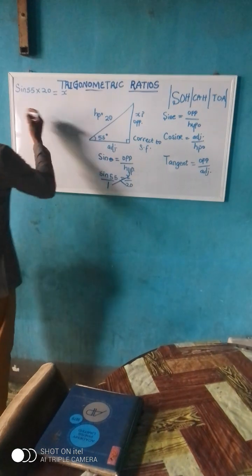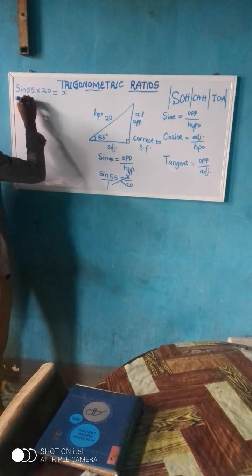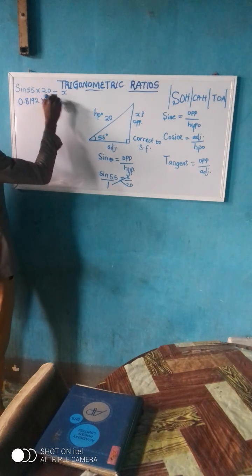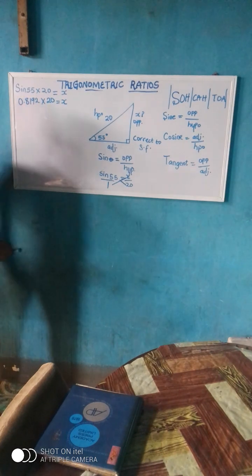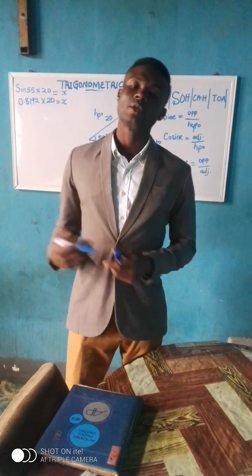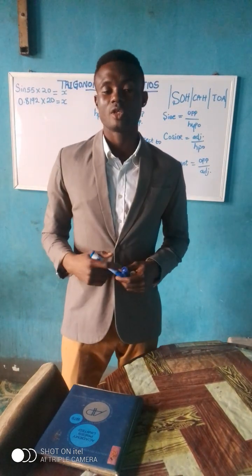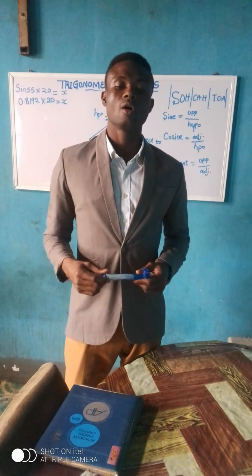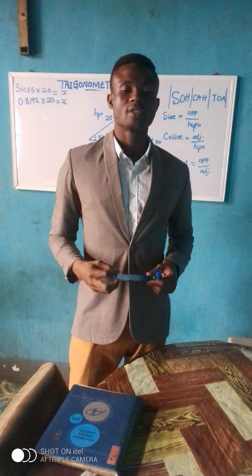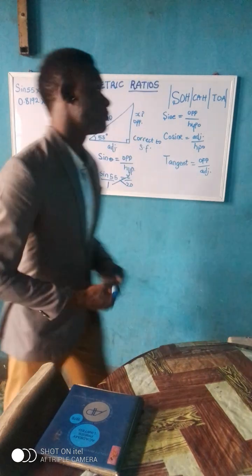So sine 55 is 0.8192, times 20, which is equal to x. I want you to check 0.8192 times 20 on your calculator and tell me what the answer would be. Correct, 16.384.